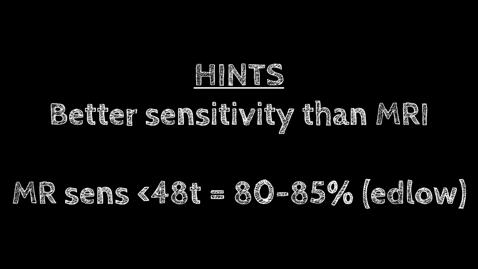And some of the studies that I will mention have a greater sensitivity when compared to the MRI. But there are some caveats that we will also go into. But this, on the face of it, looks great.